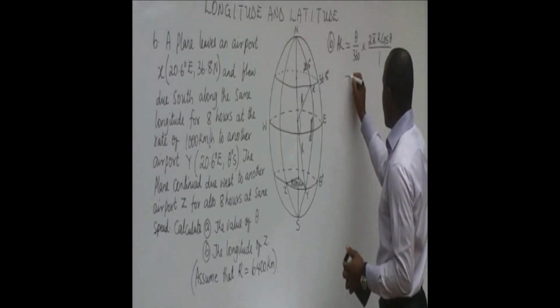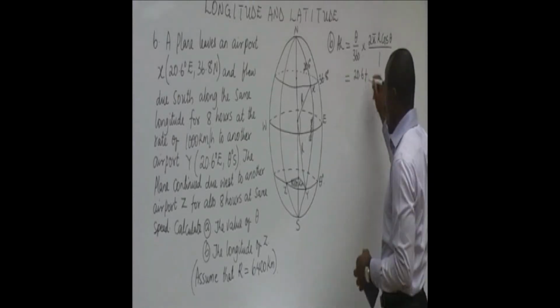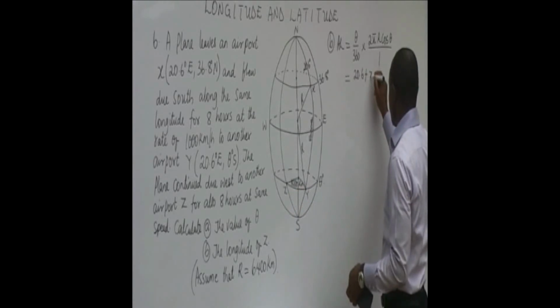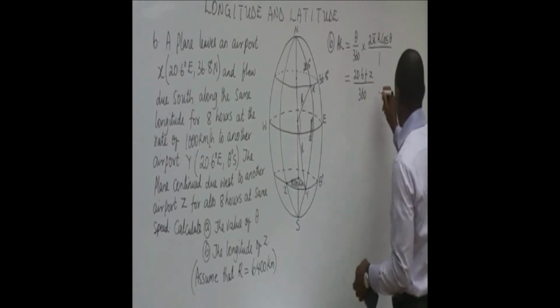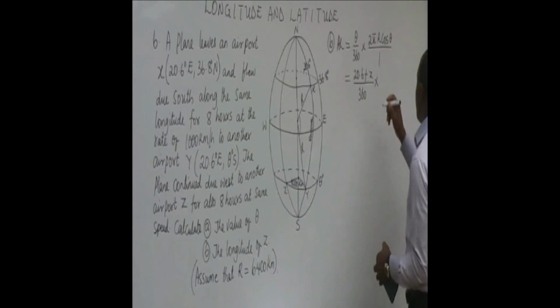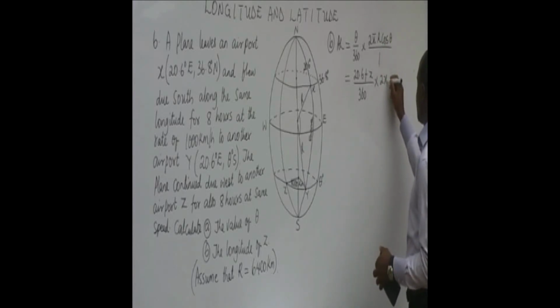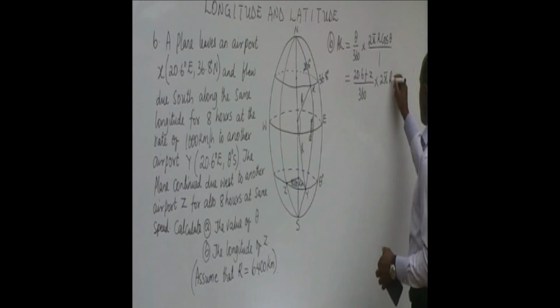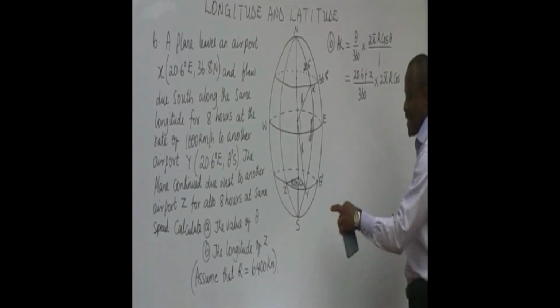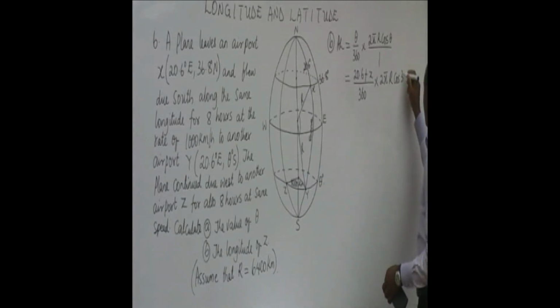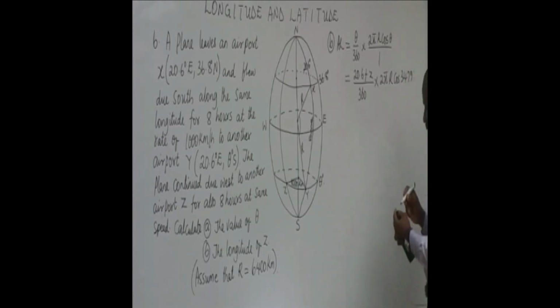So now our arc length is going to be 20.6 plus Z, which the question is asking for, all over 360 times cosine of the latitude that we just calculated, 34.79.